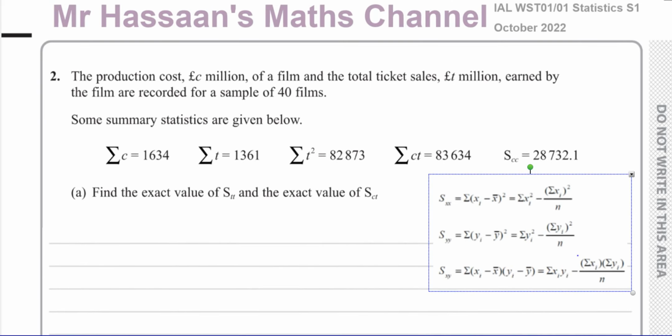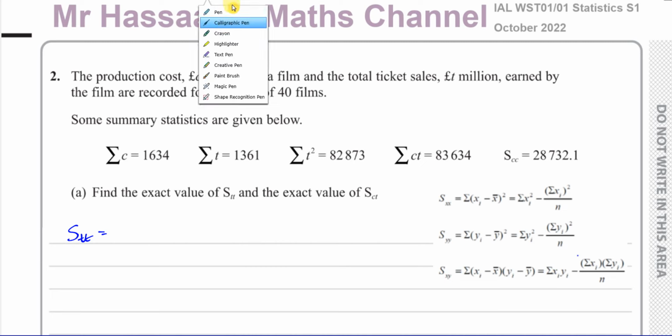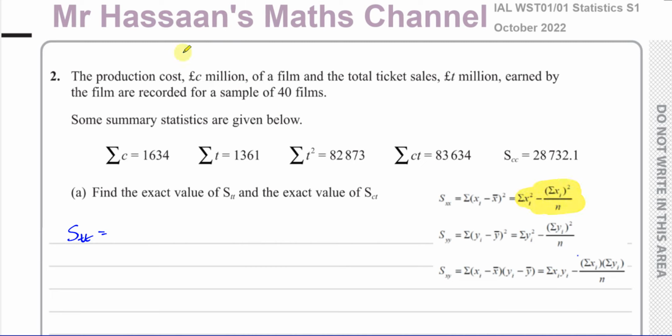Now, what we want to find is STT. The part we're interested in is this part here, because that's the information we have. STT would be the sum of T squared, minus the sum of all the T values, squared, over the number of entries.